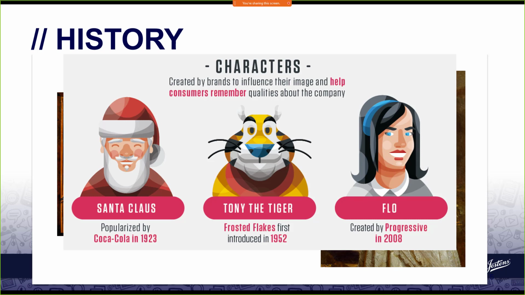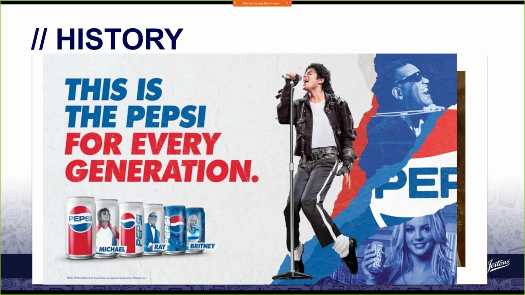So Tony the Tiger was a big one that was really appealing to many people. It tugged at their heartstrings and they had an emotional connection. And then as time went on and celebrities became more and more prominent in our culture today, brands like Pepsi started marketing using celebrity endorsements that you saw through the 80s, 90s, and still today. Currently, the spokesperson for Pepsi is Beyonce. So that's just another example.